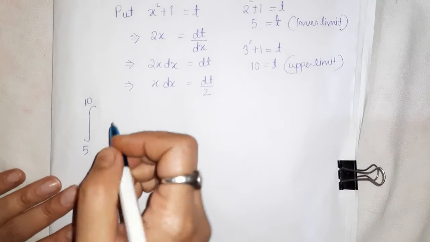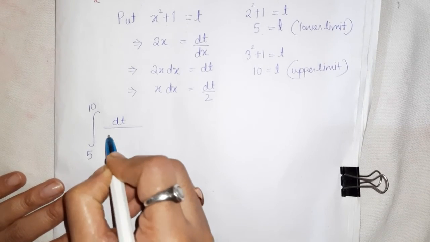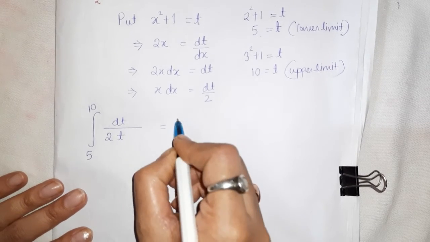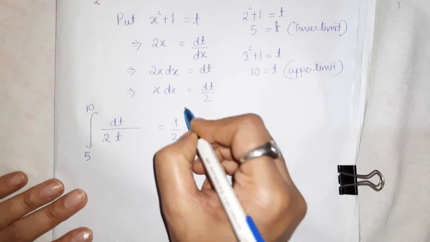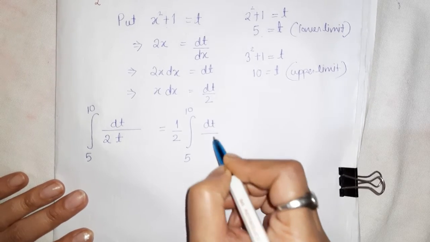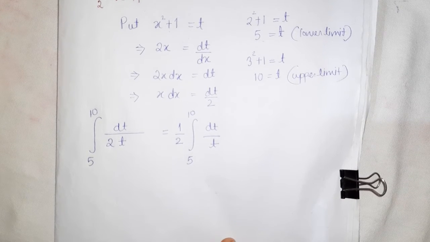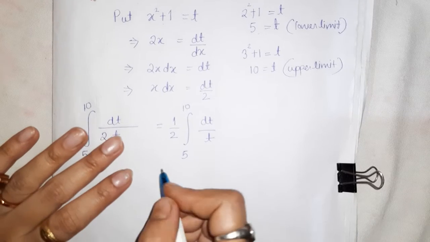In place of x dx we write dt by 2, and x square plus 1 is t. You take 1 by 2 outside and integrate from 5 to 10 dt by t. What is the integration of dt by t? The integration of 1 by x is log x, so 1 by t gives log t.